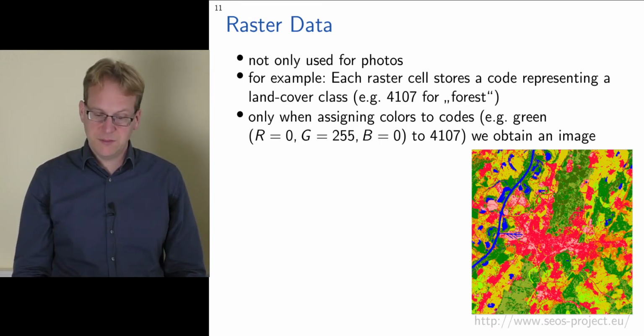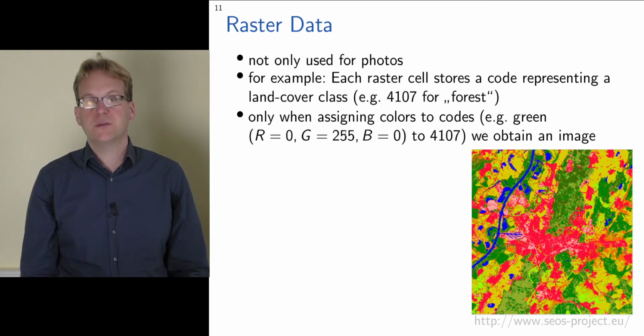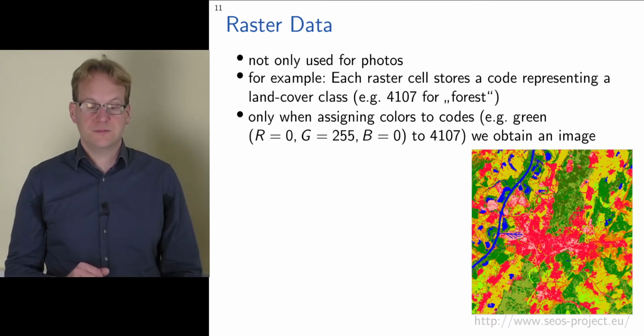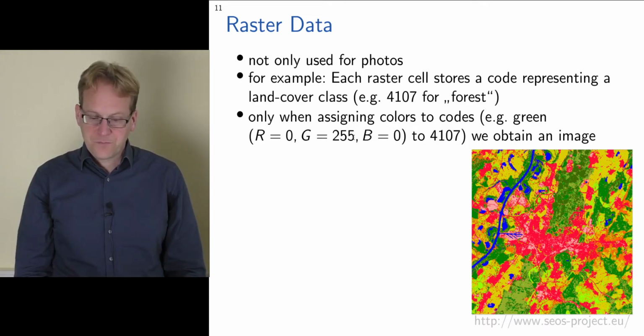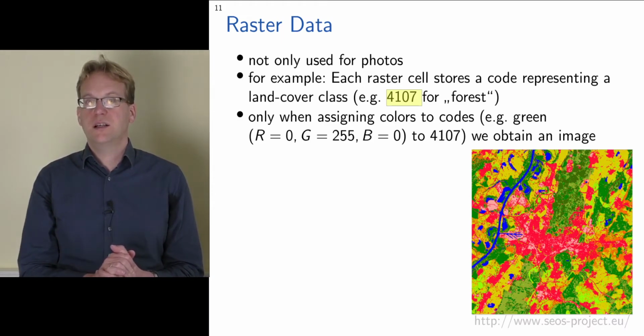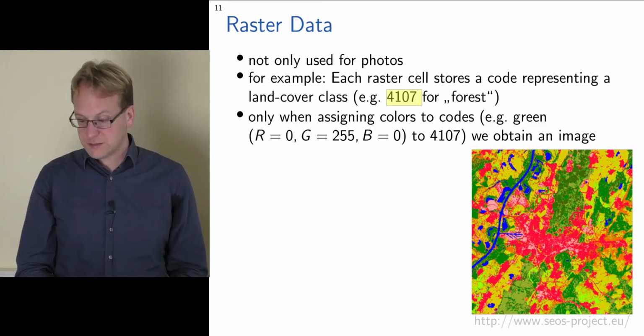Yes, so you simply say code 4107 should be displayed with these colors, namely red equal to 0, green equal to 255, blue equal to 0, so you get a full green for forest. But originally in this matrix you have only these values which are codes for land cover classes.